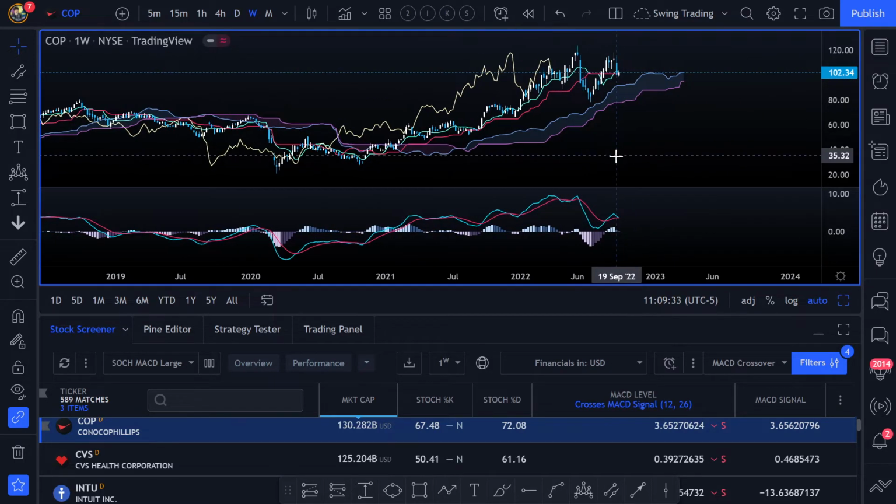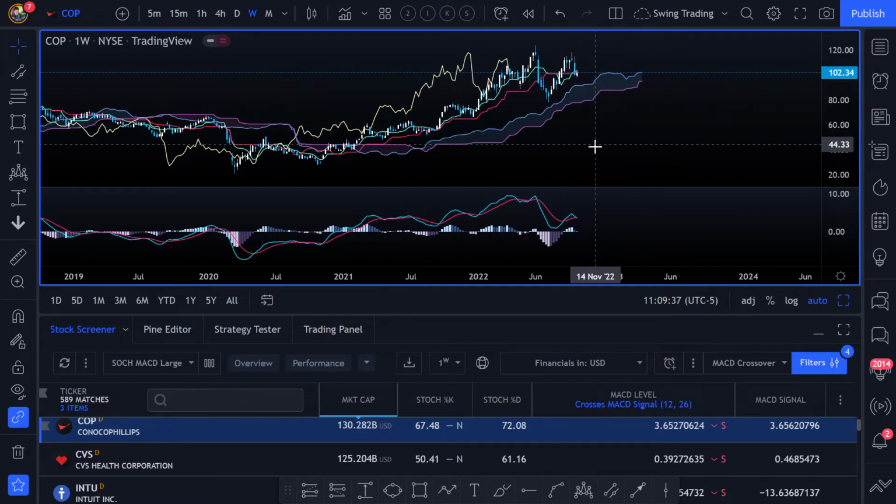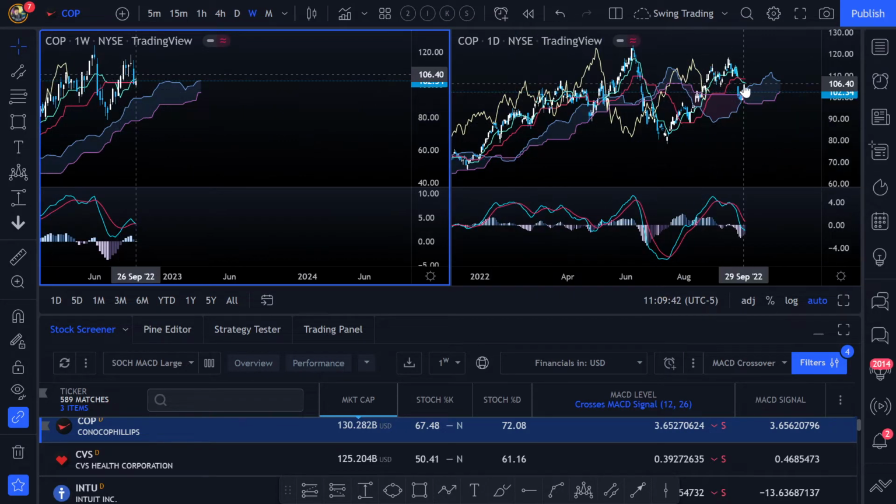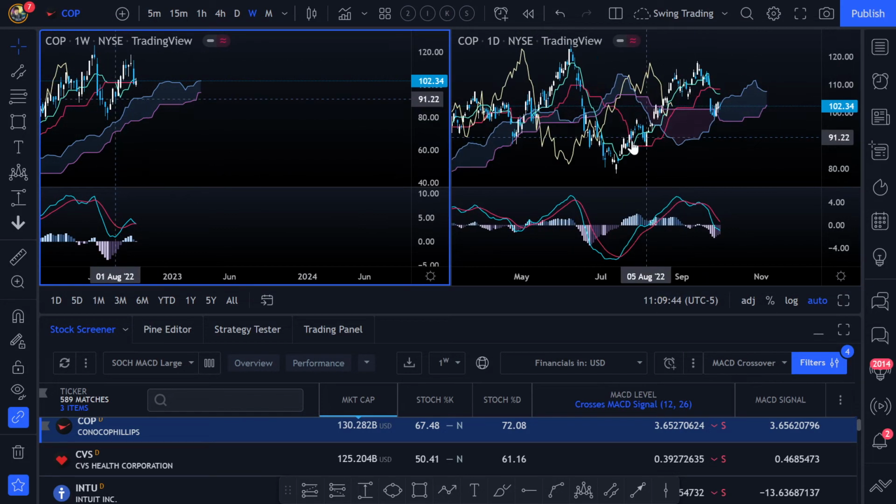So weekly bearish MACD crossover. However, the price is above the cloud. So I think we need to take a look at the daily time frame.